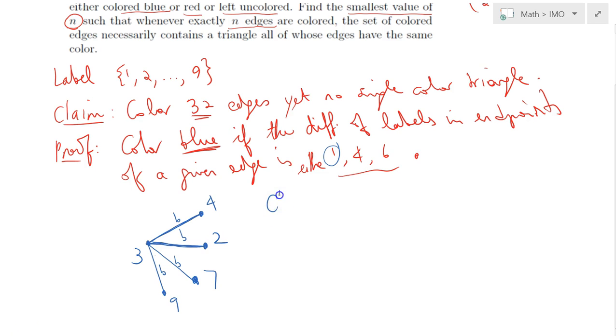So inside the proof I would like to make the following claim. I claim that no blue triangle will exist in this coloring scheme.